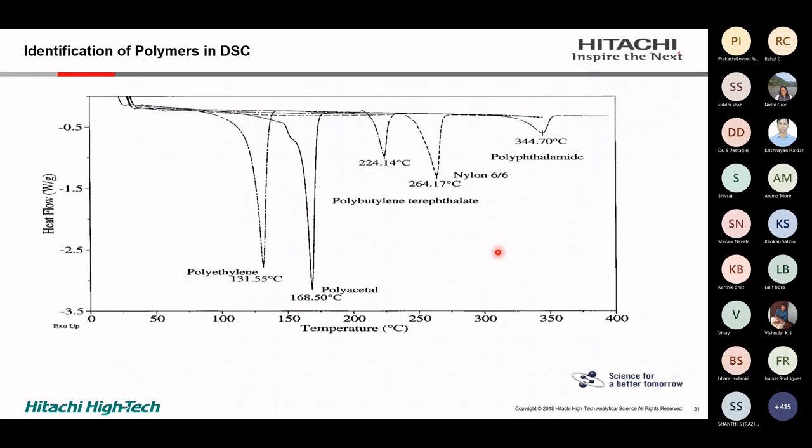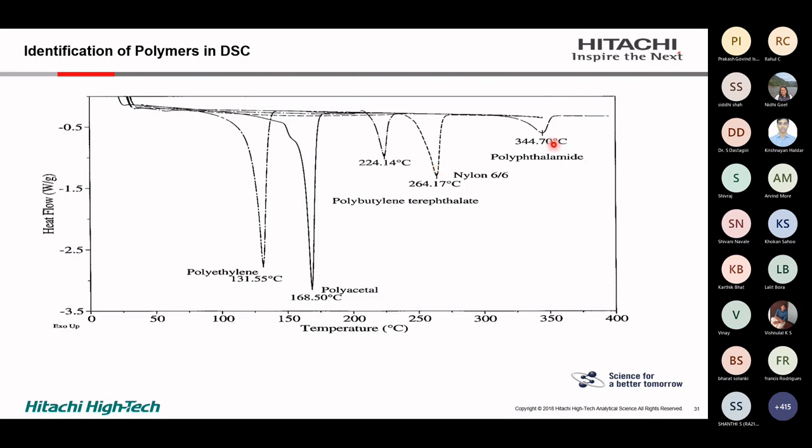Another application of DSC, of course, this slide should have been the first slide. DSC is a very versatile tool to quickly identify what type of polymer it is. We have already seen one chart wherein I showed you different polymers and their melting range. Now look here: polyethylene, polyacetal, PBT, nylon 6,6, and polyphthalamide.